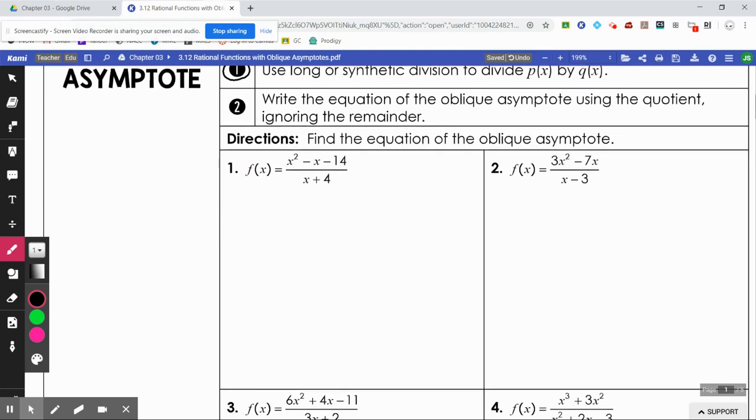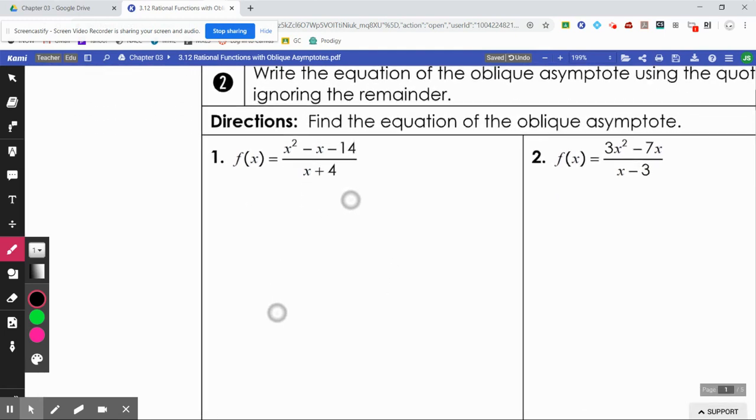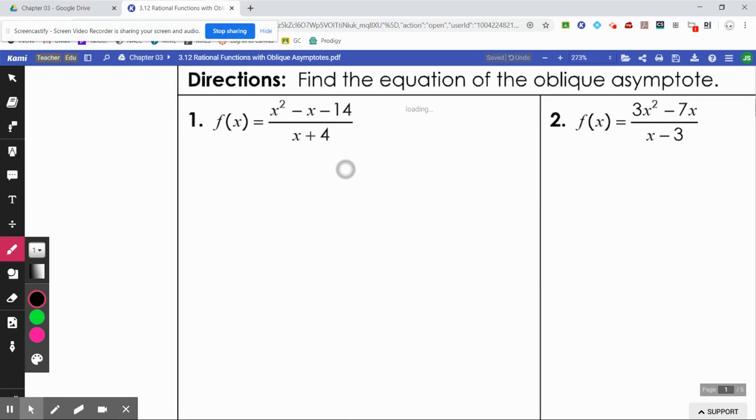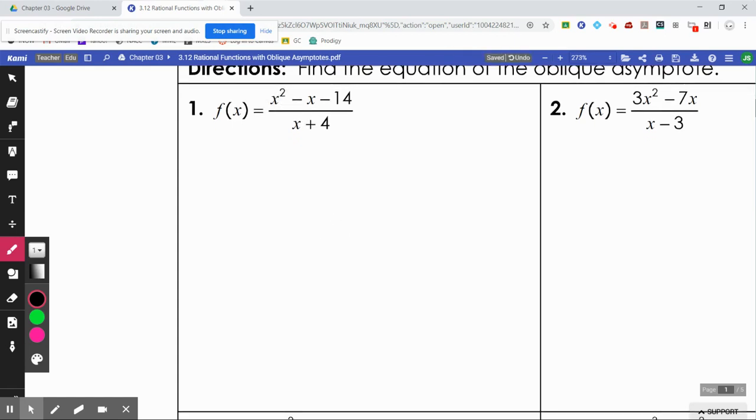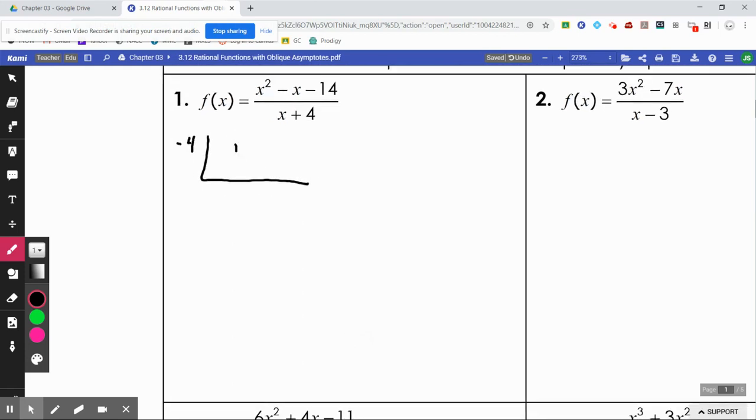So let's try this. Find the equation of the oblique asymptote, or the slanted asymptote. So you have x squared minus x minus 14 on top. Notice the degree of the top is 2, and the degree of the bottom is 1. Since it's one more, we're going to have this oblique asymptote. We're going to use synthetic division. I have a 1, a negative 1, and a negative 14.